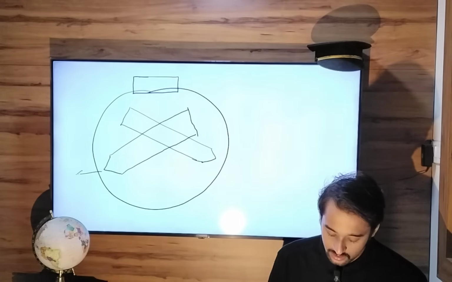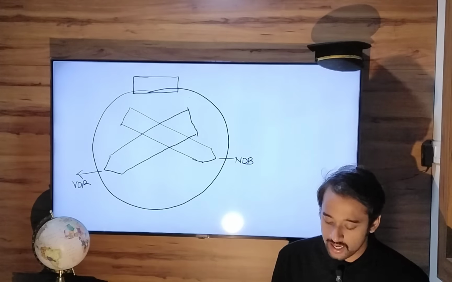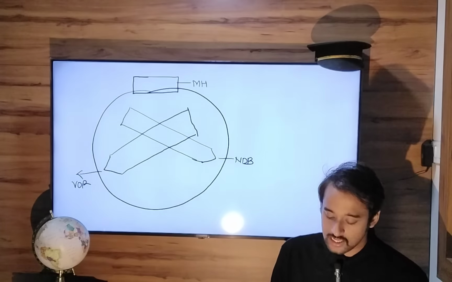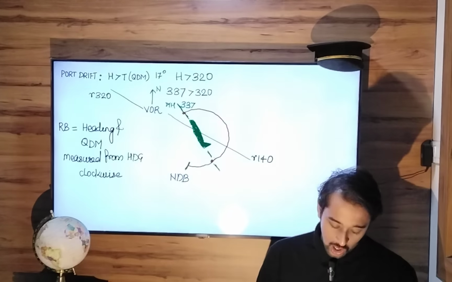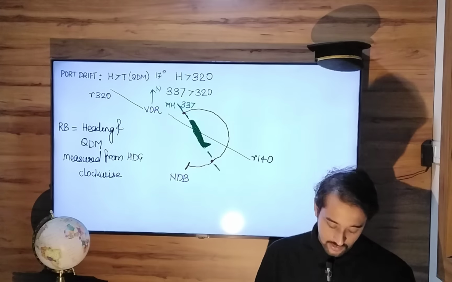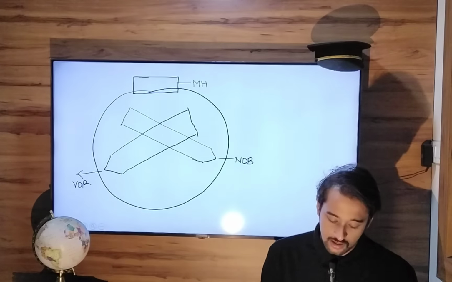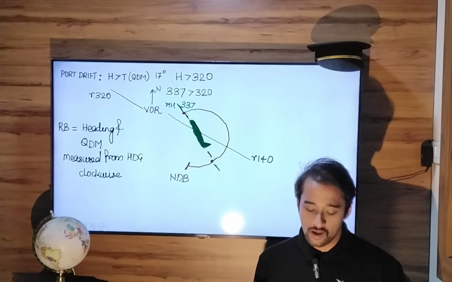So VOR and NDB, and this is your magnetic heading. So let's start. Magnetic heading will be how much? It will be 337 because of port drift. Now let's first focus on VOR.